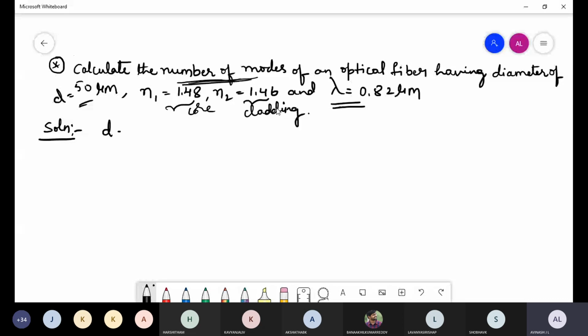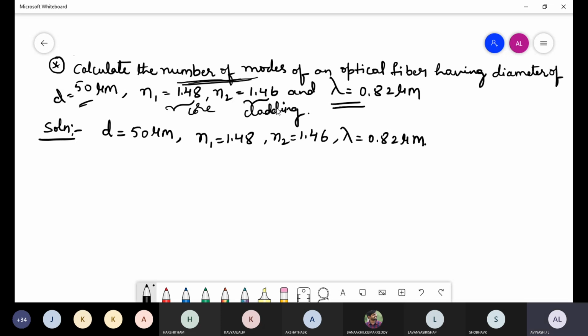D is the diameter, D equal to 50 micrometers. N1 equal to 1.48. N2 equal to 1.46. Lambda equal to 0.82 micrometers. This is very, very important. If you just write 0.82 meter, that will be a different scenario.